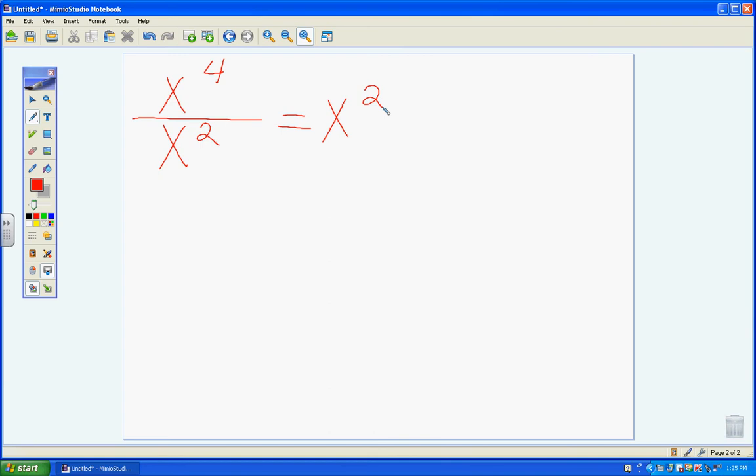So let's say we want to write this out in expanded form. What is x to the fourth in expanded form? 4 x's, right? And what does x to the second power look like in expanded form? So now, if we cancel out the like terms on top and on bottom, how many x's can I cross out?